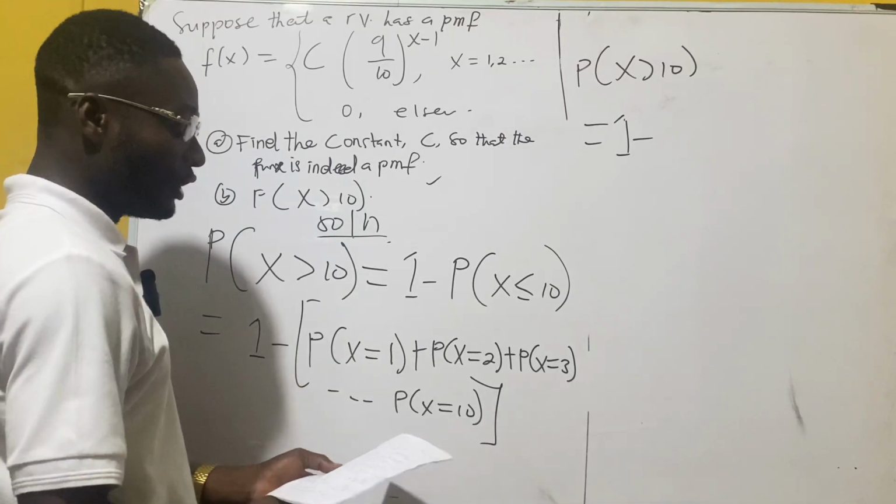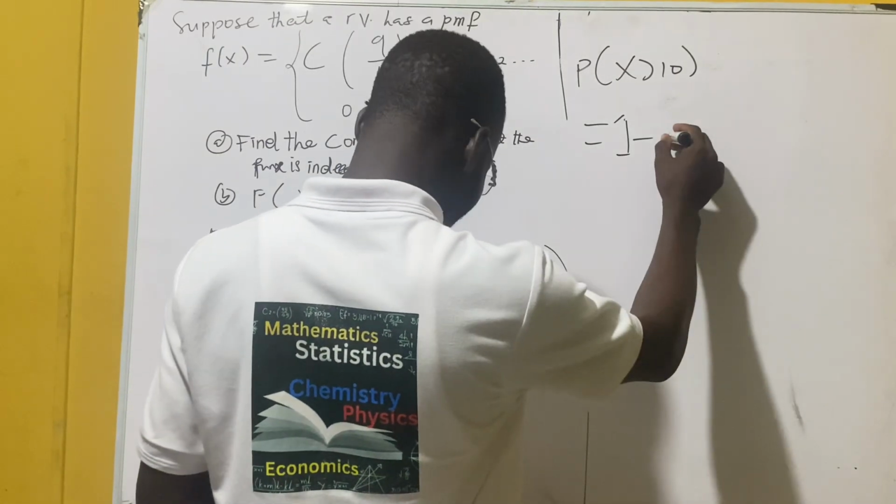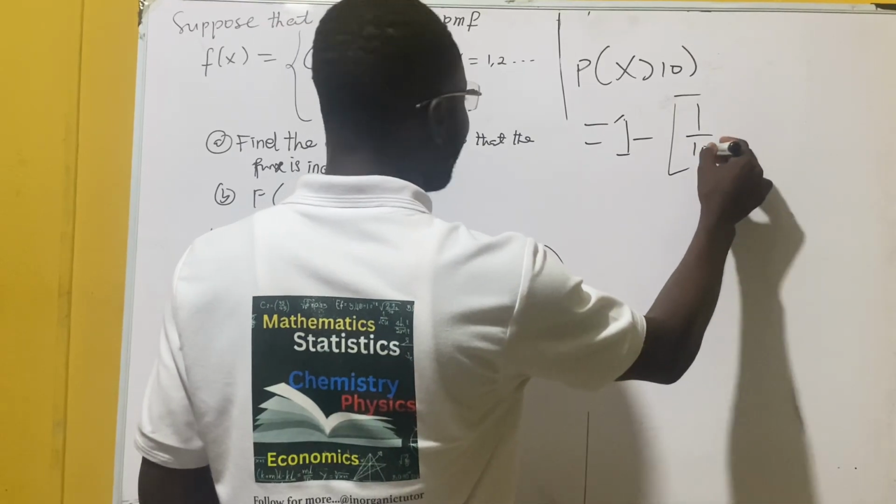When you do that, we are going to have 1 minus 1 over 10.